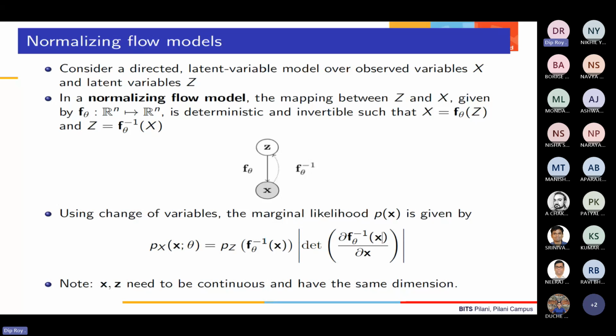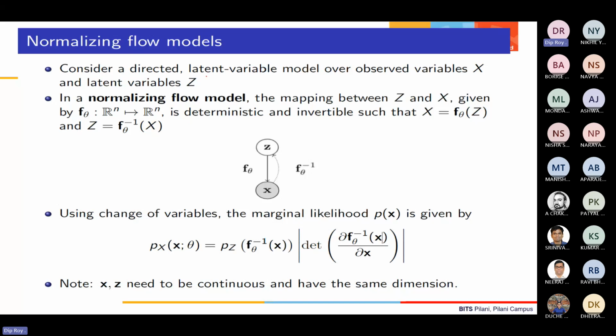You have to add a normalizing constant. That normalizing constant was basically the determinant of the matrix, and in multivariate flows, it became the determinant of the Jacobian of the inverse transformation. That's where we left the discussion, and this slide is talking about the same thing.